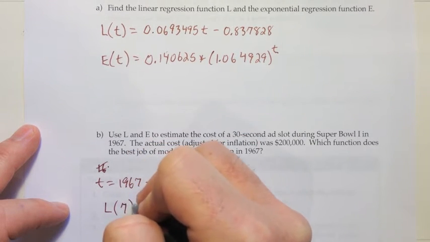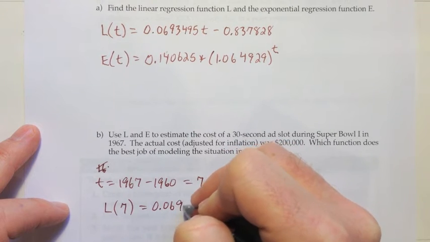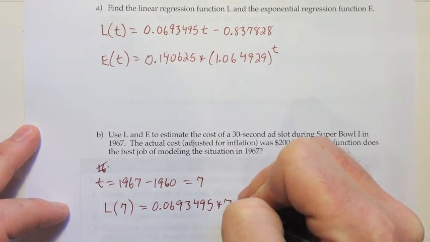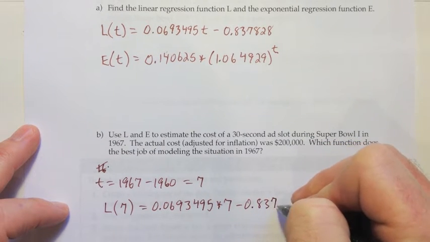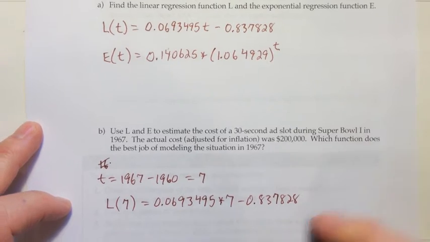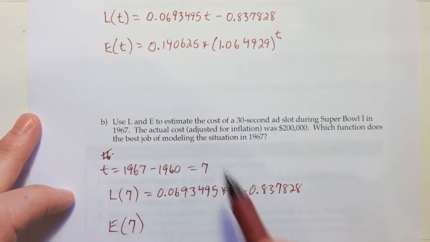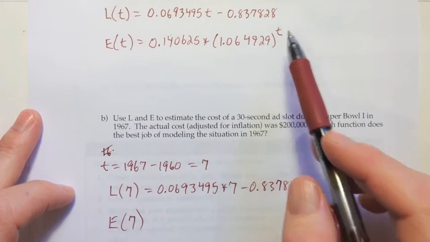So L of 7 would be equal to 0.0693495 times 7 minus 0.837828. And then I also want to do the same thing for the exponential function. I want to plug the 7 in here, and so then also as the exponent right there.